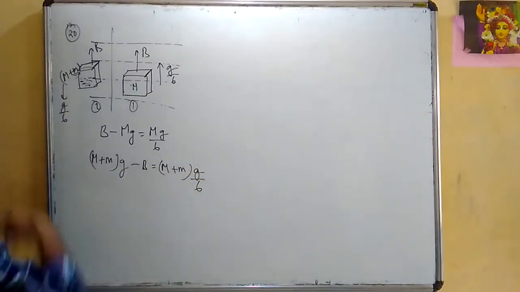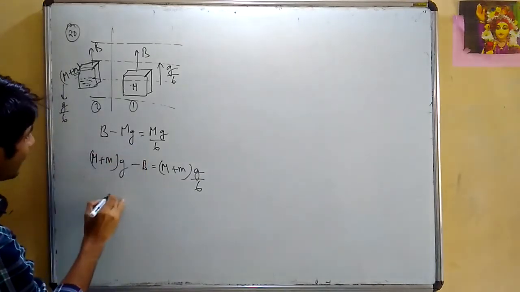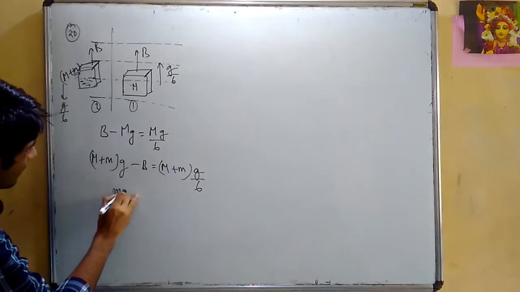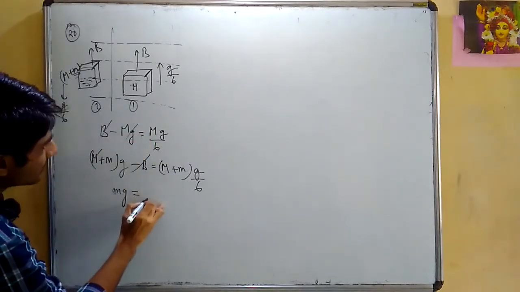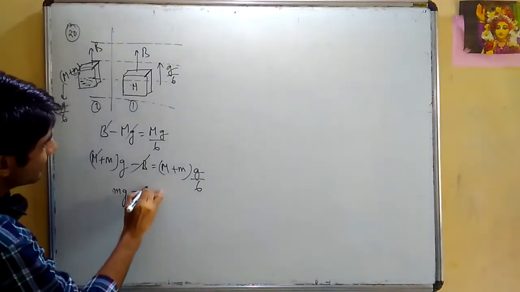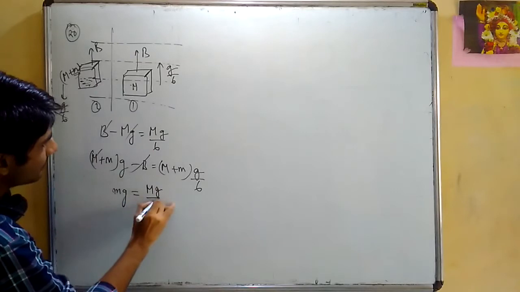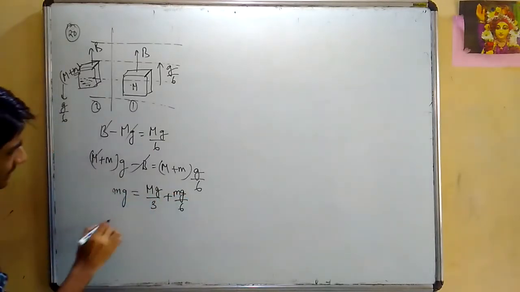Is this correct? Yeah. Now, if I add these two equations, B gets cancelled out, and capital M g also gets cancelled out. So this is Mg by 6 plus Mg by 6, that is Mg by 3, plus mg by 6.